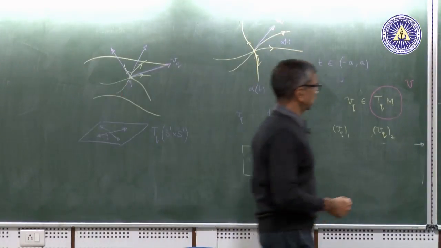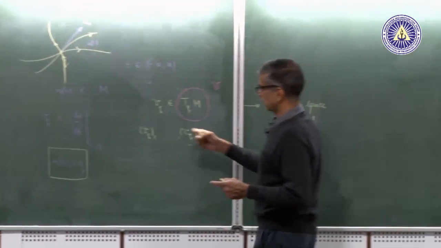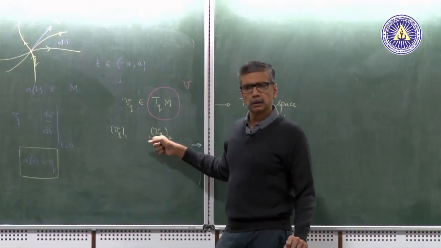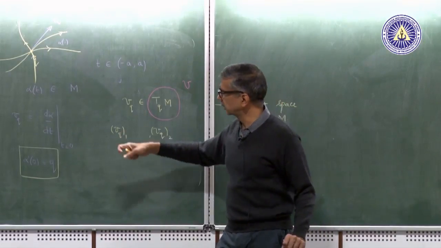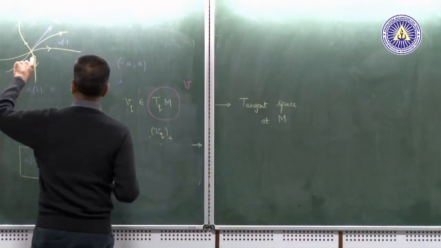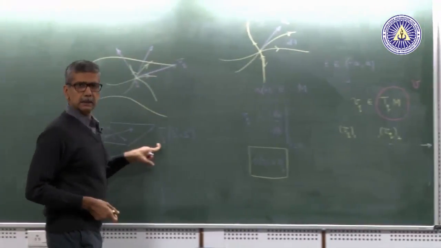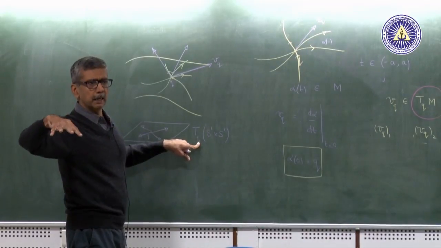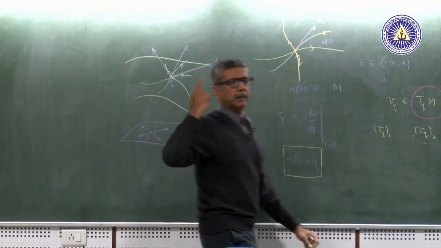You can also show certain other properties. Suppose I generate a vector, in this particular case the associated vector space is R2, which is a plane, and I generate some vector in R2.